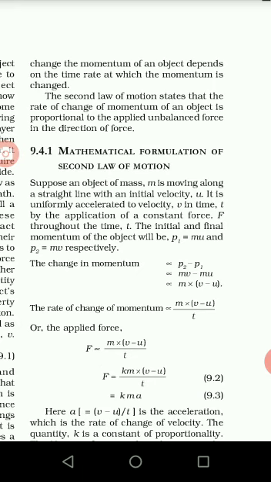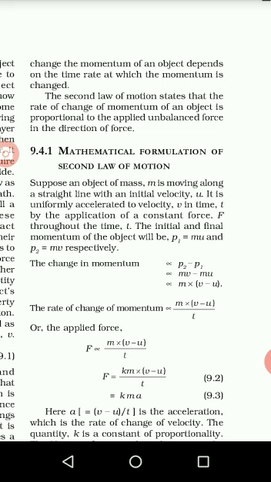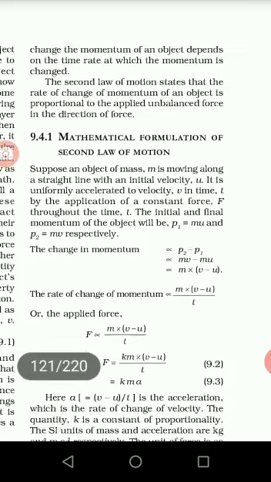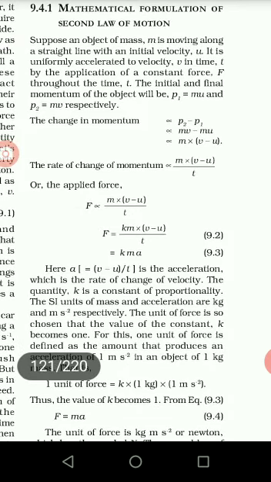As per the second law of motion, the rate of change of momentum is directly proportional to m into (v minus u) by t, or the applied force F is proportional to m into (v minus u) by t, or F equals k m (v minus u) by t, equals k m a, where k is a constant known as the proportionality constant.